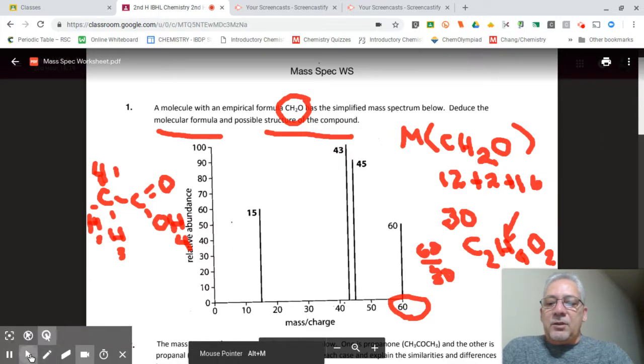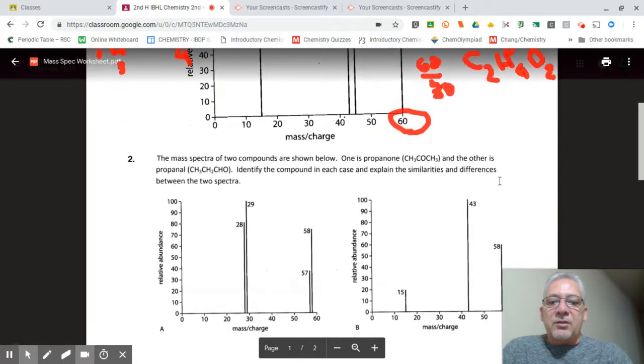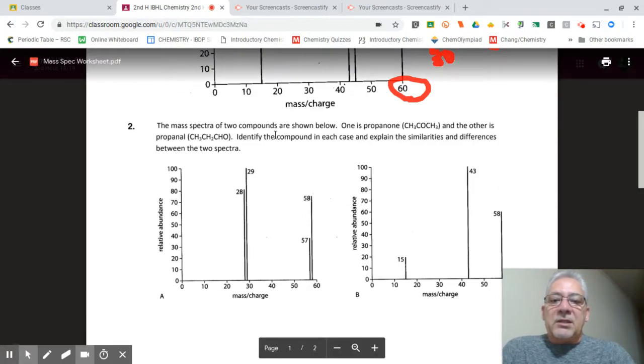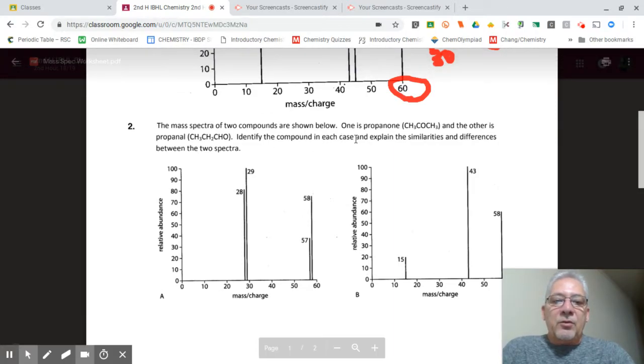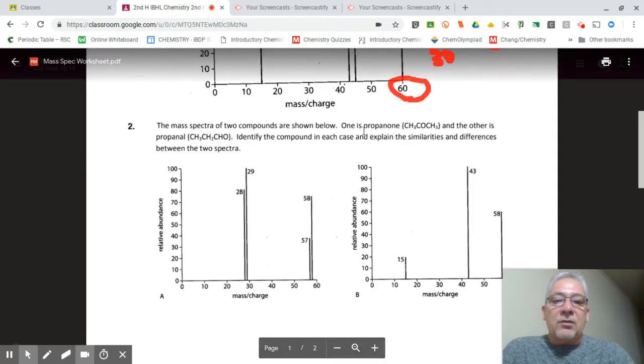Next thing to do is I'm going to scroll down to the second question that will be asking you the mass spectrum of 2 compounds shown below. One is a propanone and the other one is a propanal, and this is a ketone and this is an aldehyde, and we have to identify both of them.